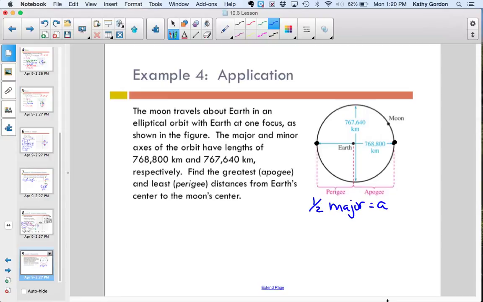It's more about the distance. And so the distance from center to either one of the vertices is going to be A. Now, what is the distance from Earth to the center going to be?